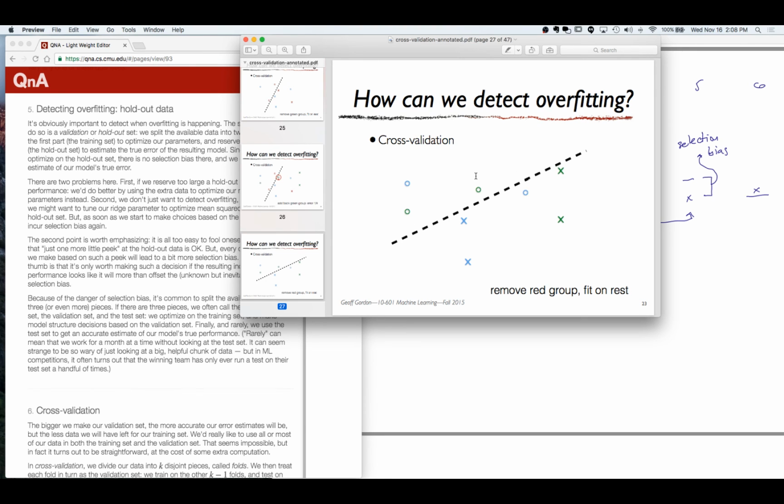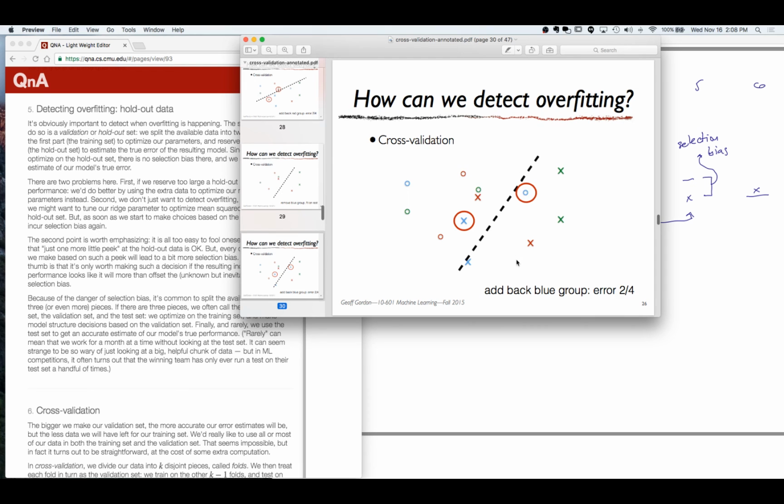The regression parameters point this way, and then the decision boundary is normal to the regression parameters. And so when we add back in the red group, here we've made 2 errors. And then when we remove the blue group and fit and add back in the blue group, we make 2 errors as well. And so we made 1 plus 2 plus 2 is 5 total errors.